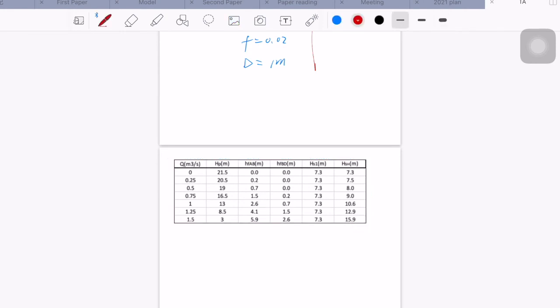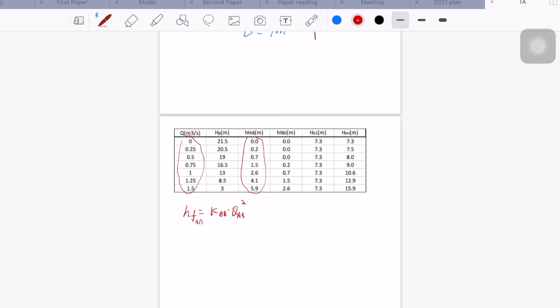The problem gives us the discharge, and according to this equation, HF AB equals KAB times QAB square, we can determine the friction loss in the pipe AB in this column.